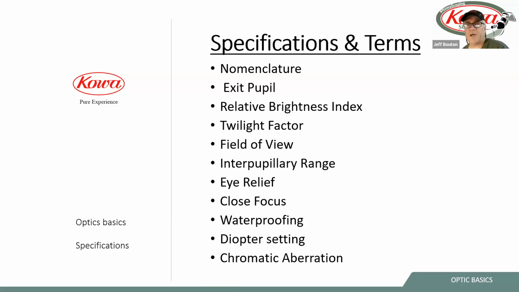At the end of the day, when you're looking at optics, you have to take all of the specifications and some of these terms with a grain of salt, perhaps. Half of these are derived from pure mathematical formulas that look at the objective size and the power of magnification. They don't take into account the quality of glass, so things like exit pupil, relative brightness index, and twilight factor. A $100 8x40 and a $3,000 8x40 binocular would have the exact same ratings there, even though there's absolutely a day and night difference in the amount of light delivered.